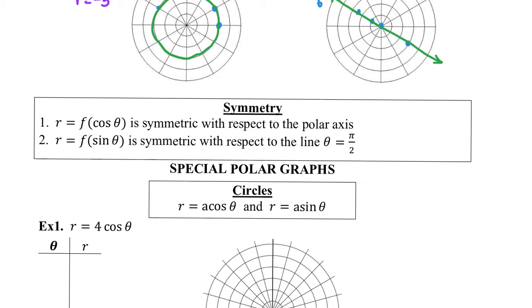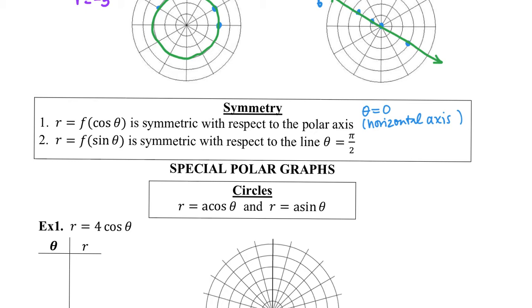The polar axis occurs where theta equals 0. So think of it like the horizontal axis. Okay, which tells me that if I knew what this half of the graph looked like, this bottom half would match. And I would use that as a hint to figure out how to graph this more efficiently.